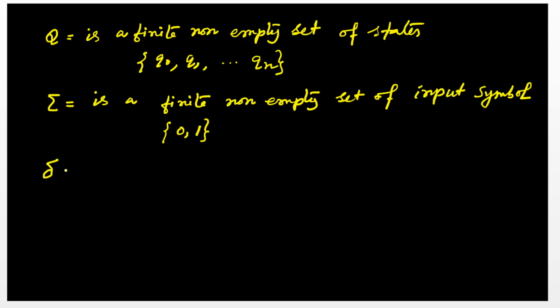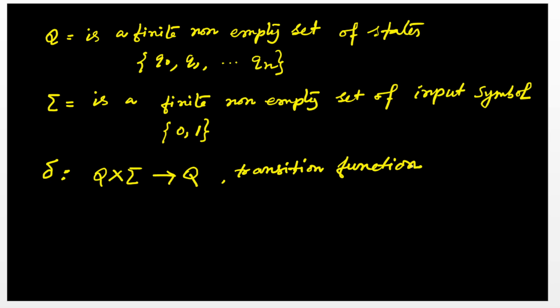Now delta is basically defined in that way: Q cross sigma, Cartesian product, to Q. It means it is a transition function, which is basically a rule which helps to map between two sets.